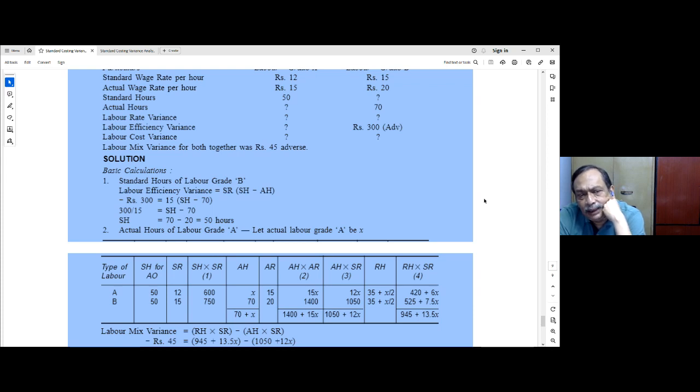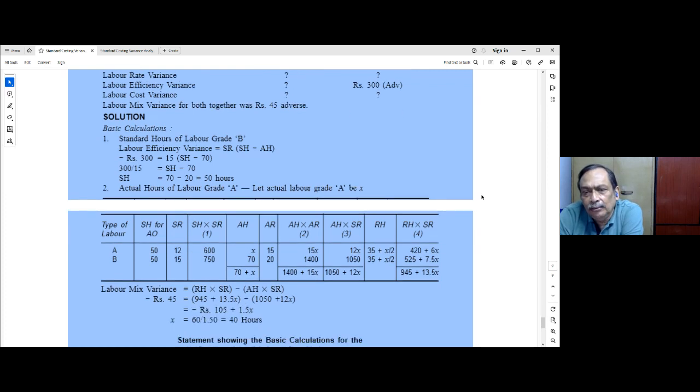So by solving this, we get standard hours for actual production, that is 70 minus 20, it comes to 50 hours. Now, actual hours of labor grade A, that we are going to calculate, and let us assume that actual hours for grade A be X.